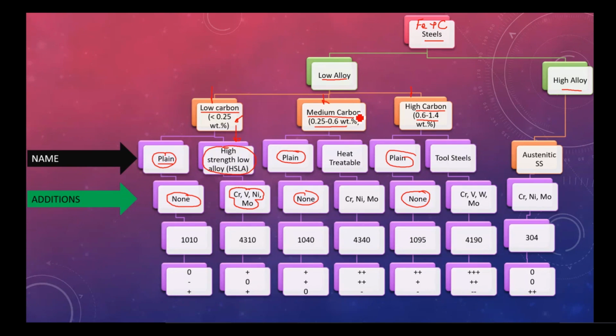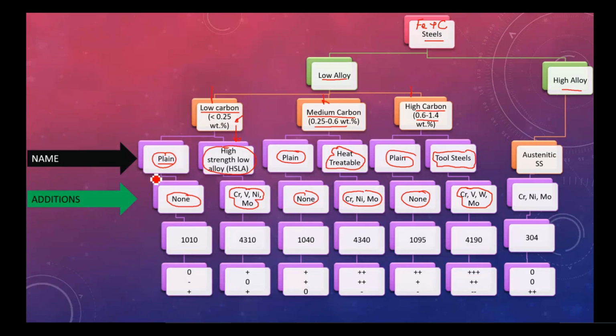Then medium carbon steels have another category known as heat treatable steels. They have chromium, nickel, molybdenum additions. Obviously, the percentages differ. And high carbon steels have a subcategory known as tool steels. Again, they have chromium, palladium, tungsten, molybdenum added as additions.